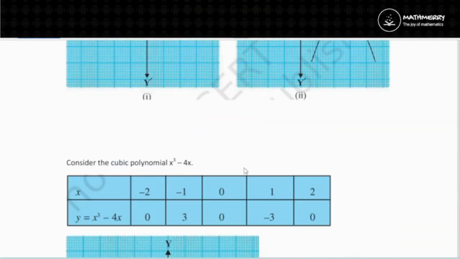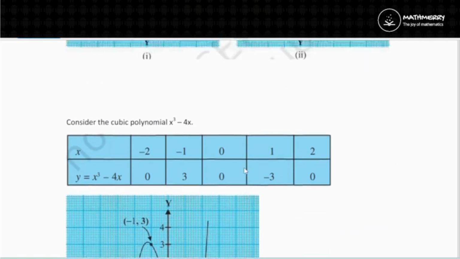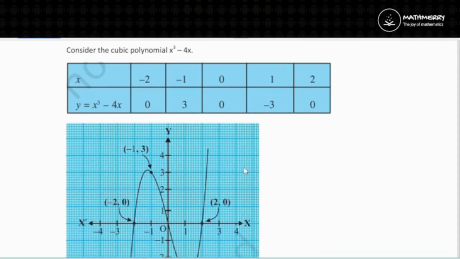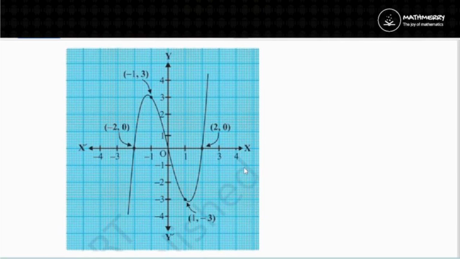Now that's about the linear polynomial and the quadratic polynomial. Now about cubic polynomial, in the same way, when we jot down the points and draw the graph, we will get a shape like this. So here you can see that the graph touches the x-axis at 1, 2, 3.